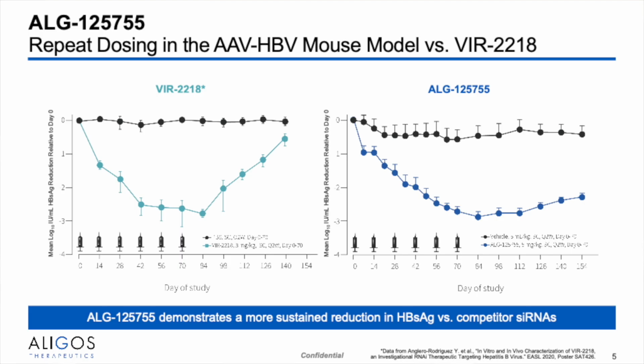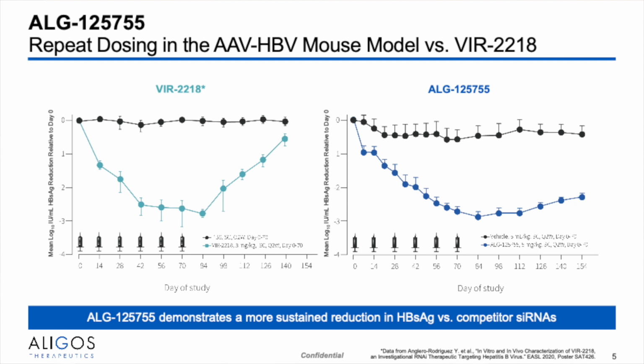One of our workhorse models is an AAV-HBV mouse model. There's another siRNA that's currently in clinical trials right now, VIR-2218. If you dose the siRNA every 2 weeks, you can see that you reduce the S antigen effectively.